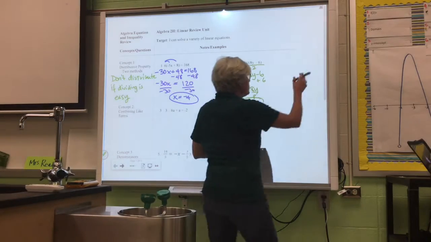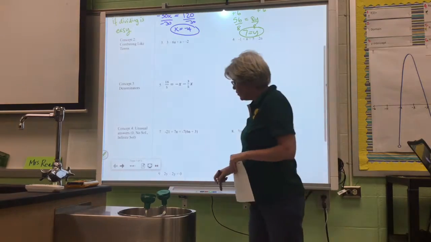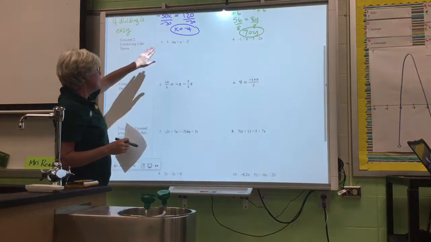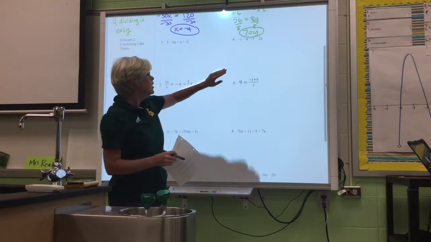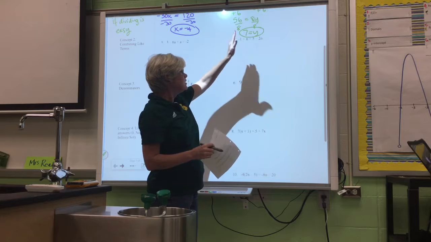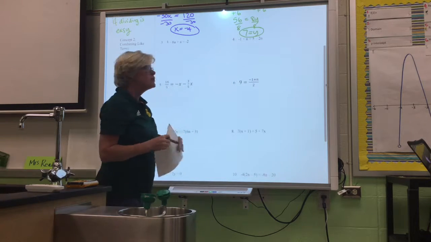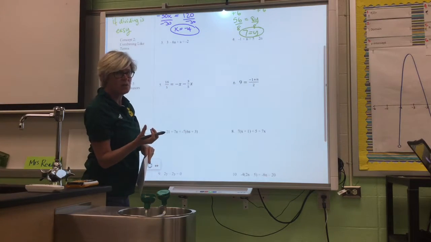The next concept is combining like terms. As we look at numbers 3 and 4, there's a little bit of a difference between number 3 and number 4. Number 3 has like terms on the same side of the equal sign. Number 4 has an n and a negative 2n, but they're on different sides. So if they're on the same side, I do want to combine them.